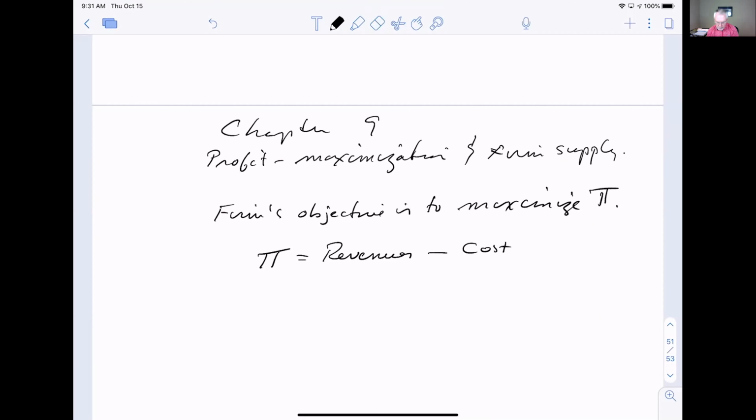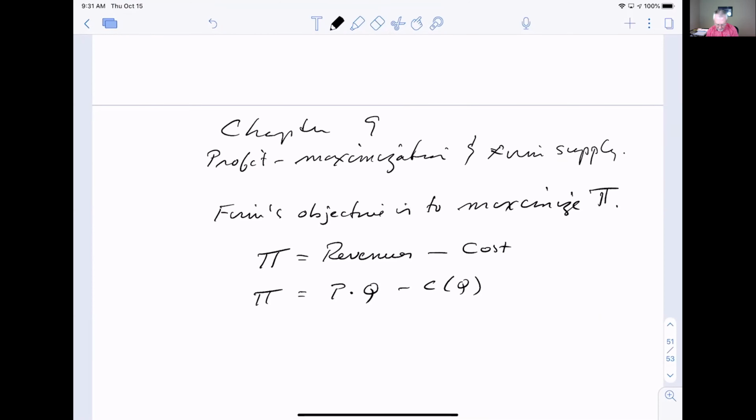Now, what do we actually have here? Well, we've already developed the firm's cost function. So we know that one. And the firm's revenues are going to be price times the quantity that the firm sells, less its cost, which is going to be a function of the quantity the firm produces.